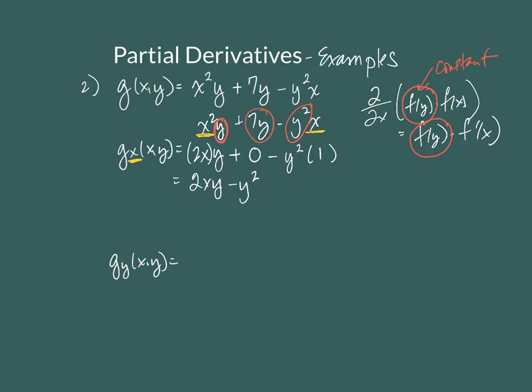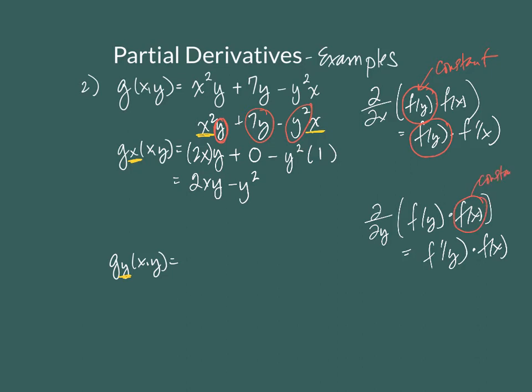So now if I'm going to reverse the order, now I'm interested in the derivative with respect to y, then the partial with respect to y of a function of y times a function of x is the derivative with respect to y times the function of x, because now this one is being treated as a constant, and therefore it just gets rewritten by the constant multiple rule. Okay.